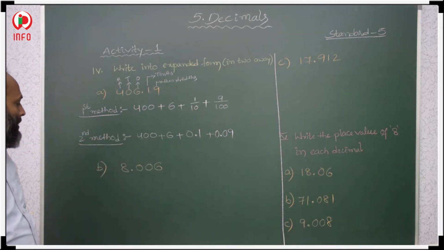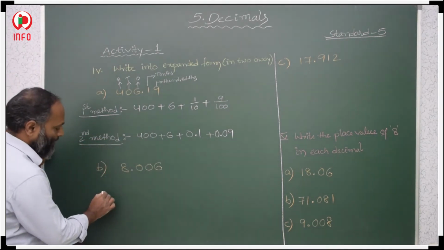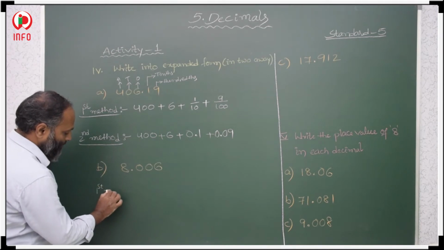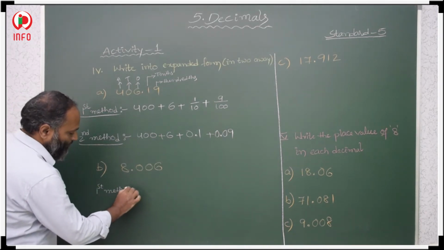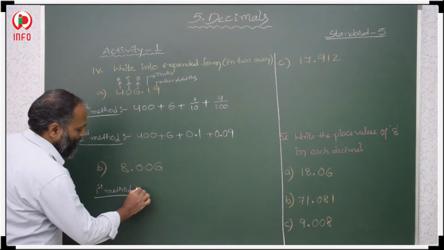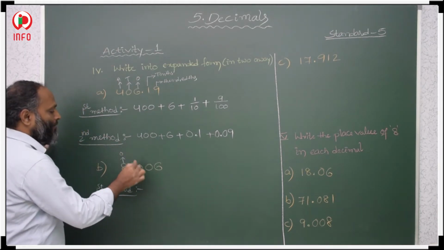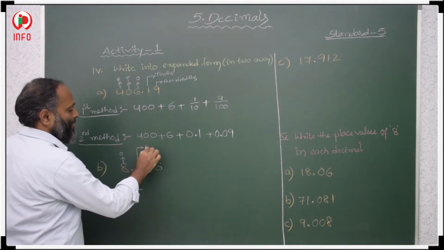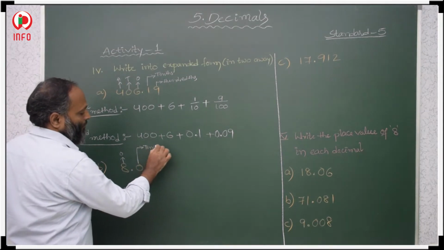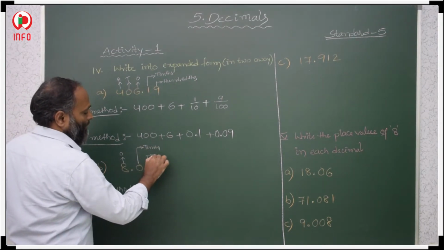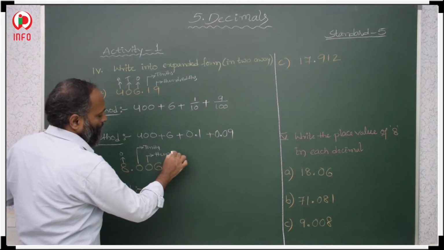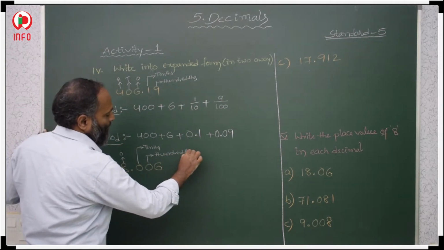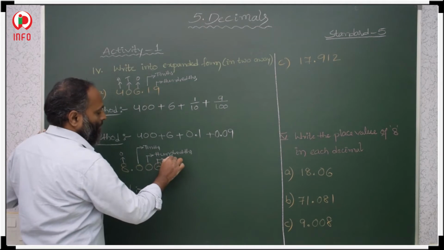In the same way, this also we have to write in two methods. First method same, already we did in the third bit also. This is in ones place, this is in tens place, this is in hundreds place, this is in thousands place.